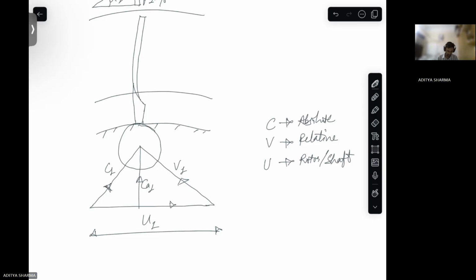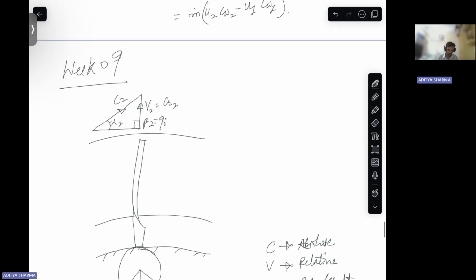You have absolute velocity. It will have two components. One will be axial component and one will be tangential component. Then at the exit, if you see, your flow is in radial direction. So if this is the shaft, the flow will be in this direction.